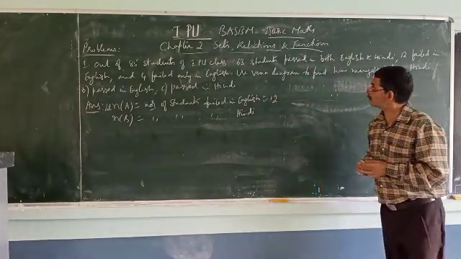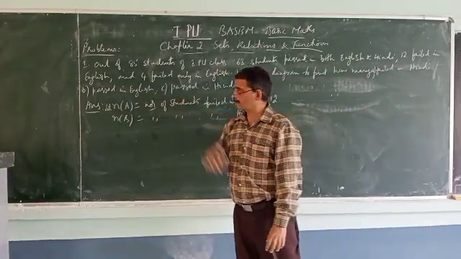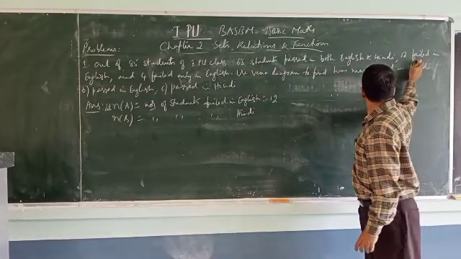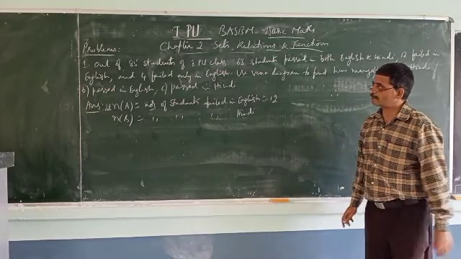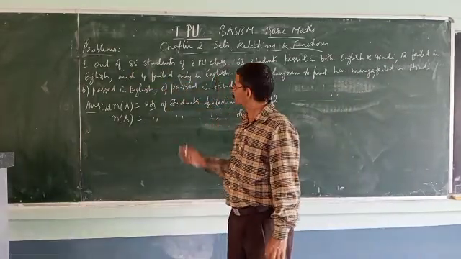So the answer for the first question, how many passed in English, is direct. Failed in English is 12, so passed in English is 85 minus 12. That I will give later.